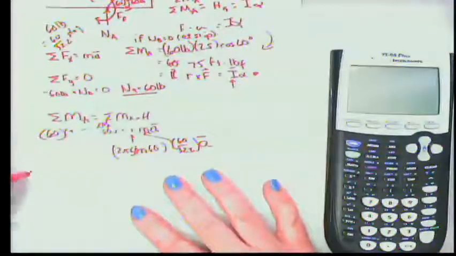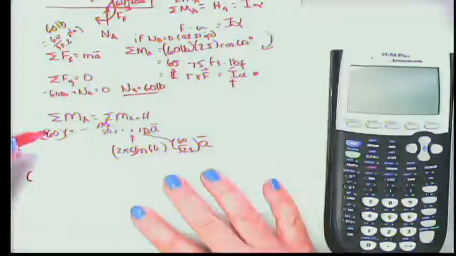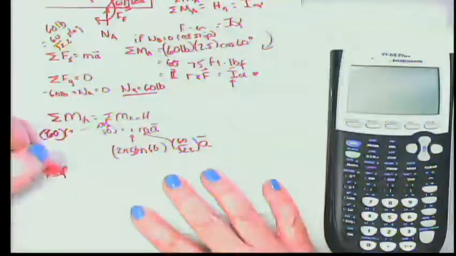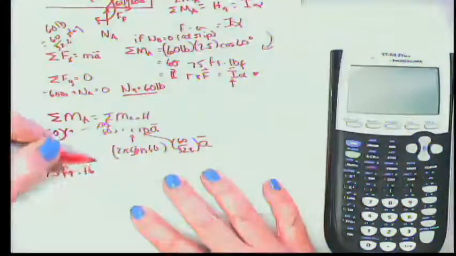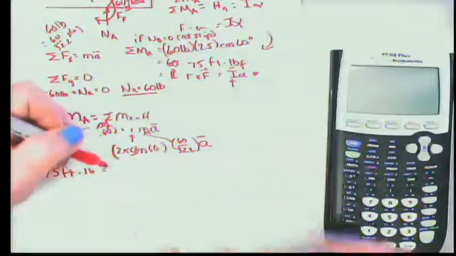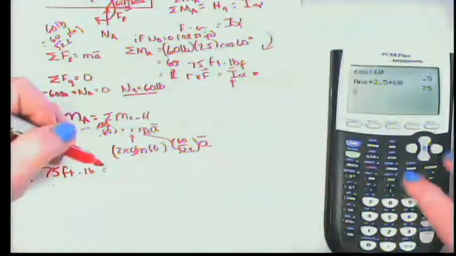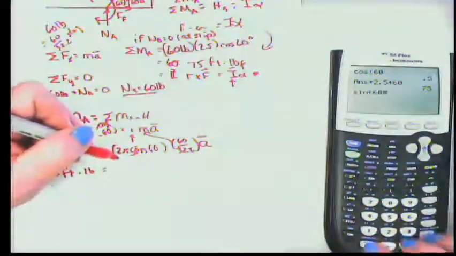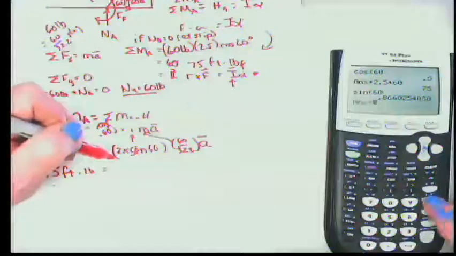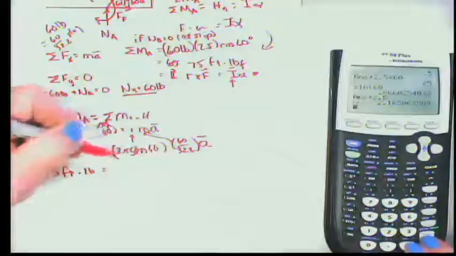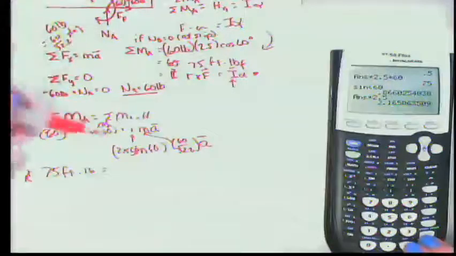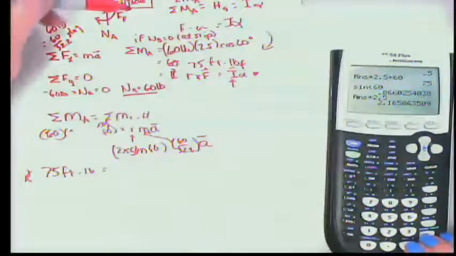So if I write this out, I already found this value, which is 75 foot-pounds equals the sine of 60 degrees, which is 0.866. Multiply that by 2.5, that's my length, rather, that vertical.